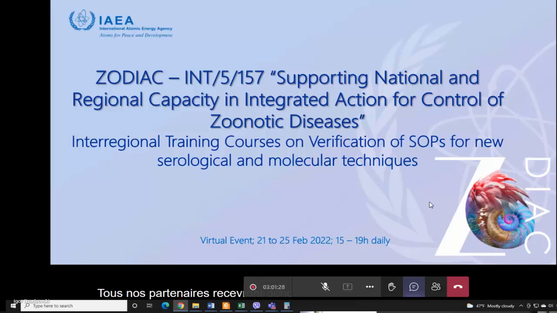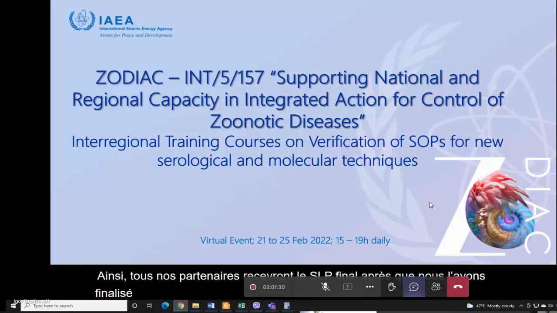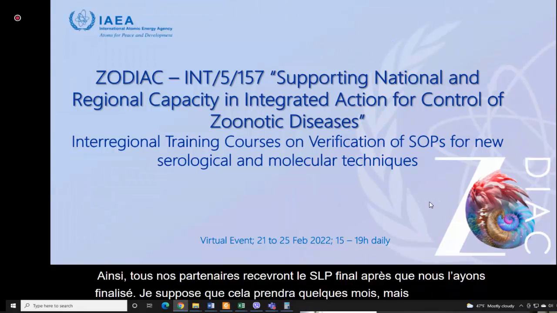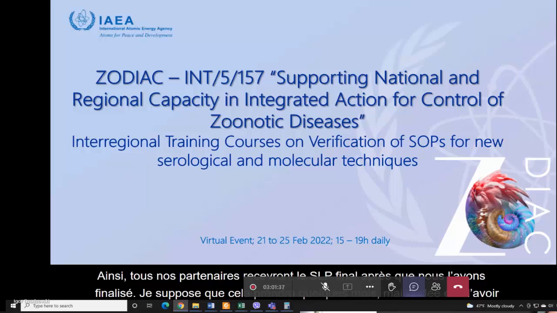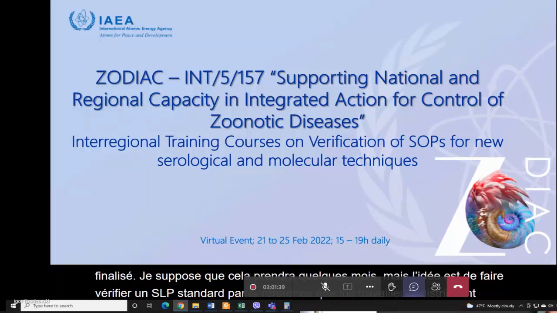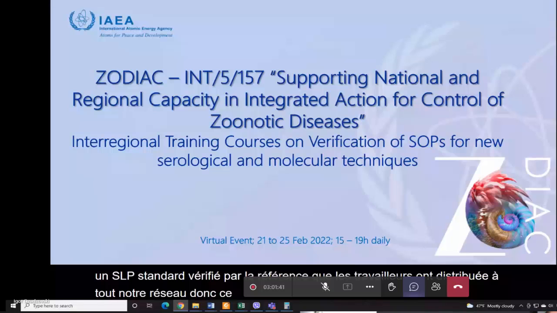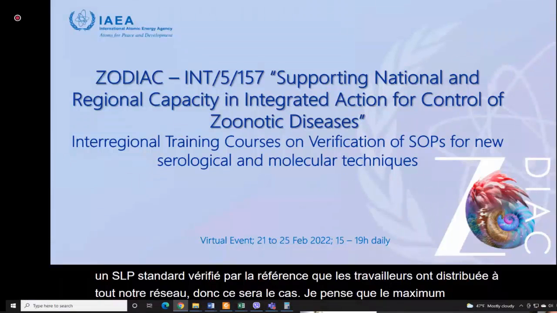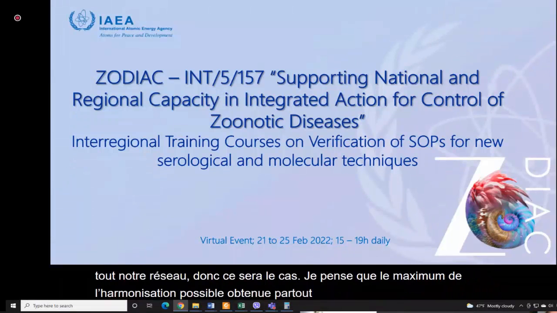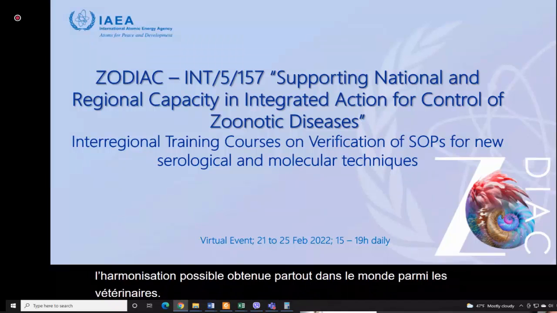I assume it will take a few months, but the idea is to have a standard SOP verified by the reference laboratories, distributed to all our networks. So it will be, I think, the maximum of the possible harmonization obtained all over the world, among the veterinary labs, of course. Thank you.